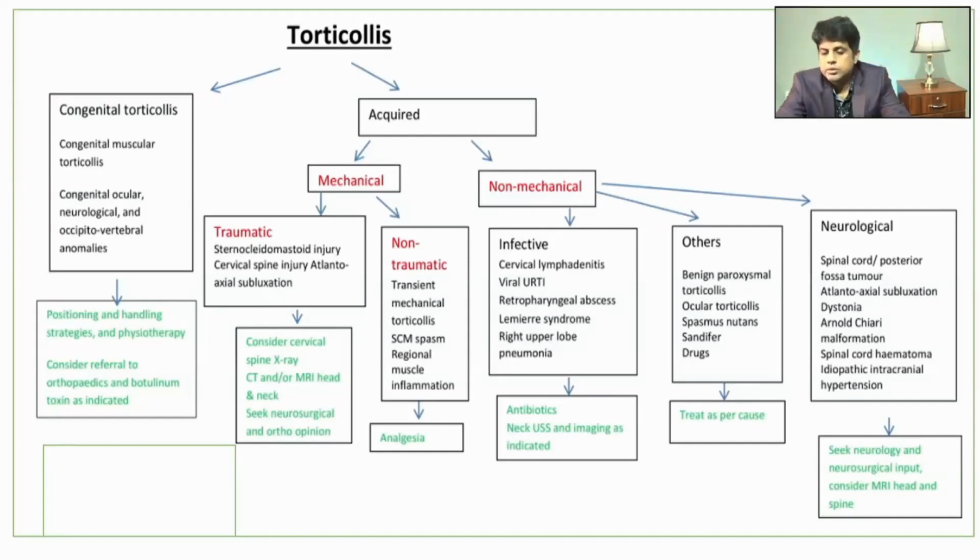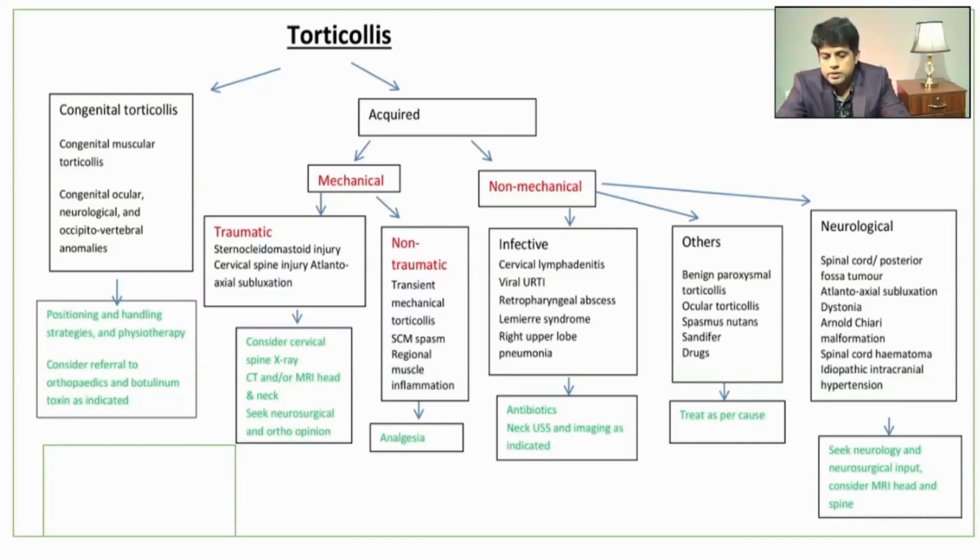And neurological causes can be due to spinal cord or posterior fossa tumor, atlantoaxial subluxation, dystonia, Arnold-Chiari malformation, spinal cord hematoma, and rarely idiopathic intracranial hypertension. So most of these conditions will need inputs and specialist opinion from the neurologist or the neurosurgical team. And investigations wise, most of these conditions need detailed neuroimaging including MRI head and spine.